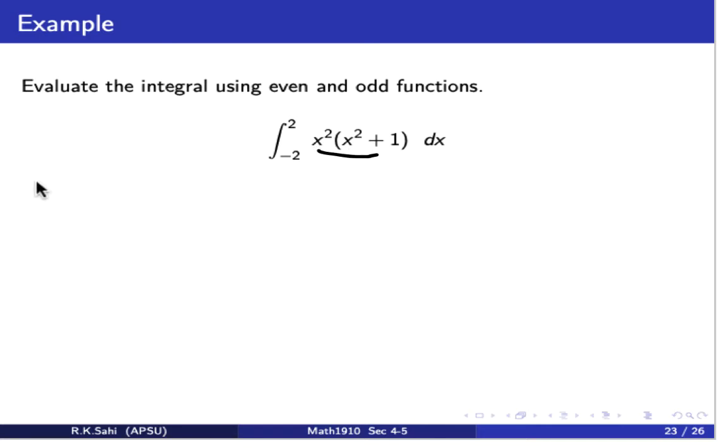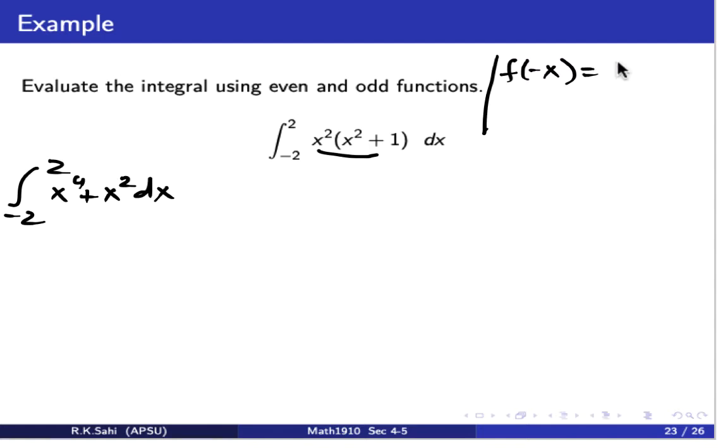Now, I can open this function and write this as the integral from minus 2 to 2 of x^4 plus x^2 dx. Now, to test the even and odd, remember, if it is an even function, f of minus x equals f of x. That's for the even part. Okay? Now, let's test this one first.